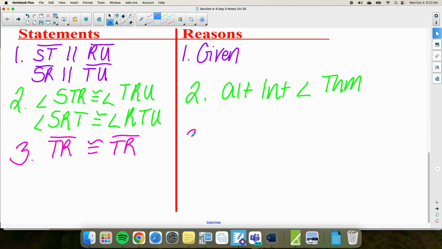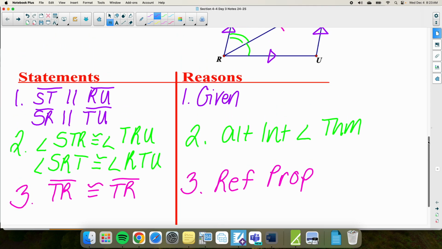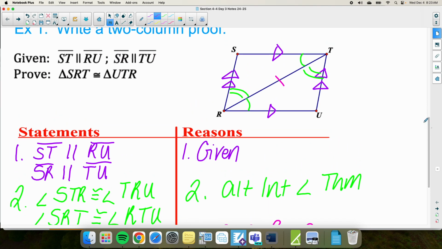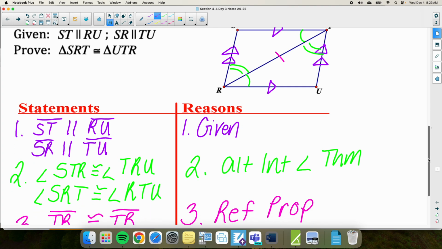And that is reflexive. And here you have to write prop for property. And then now we have 3 things. Remember, the parallel doesn't count when you're doing the different SSS, SAS. So I have three things. I can copy that down.